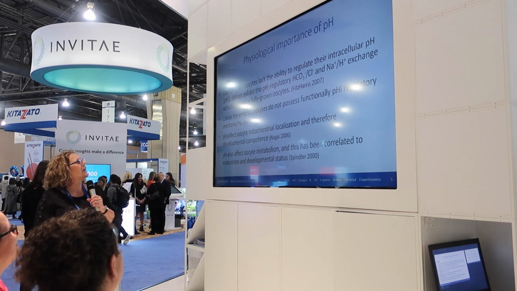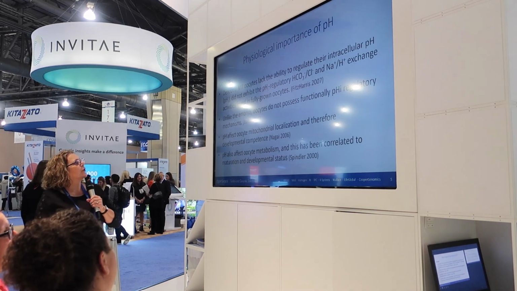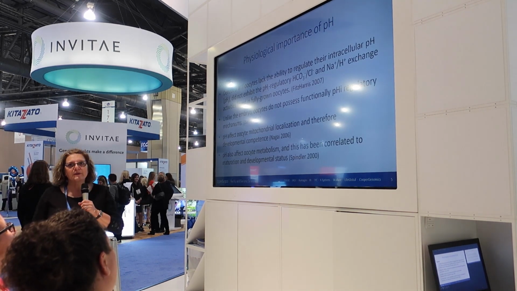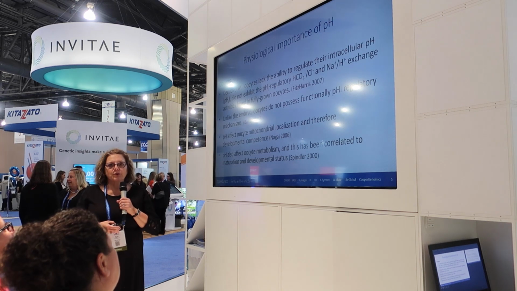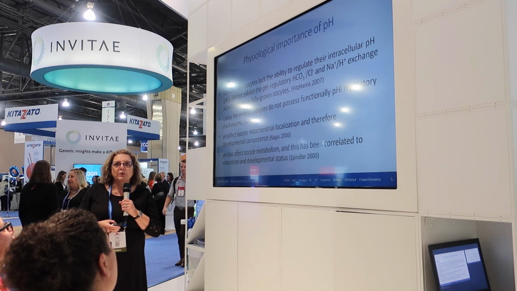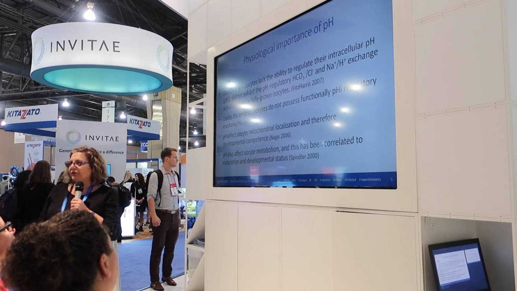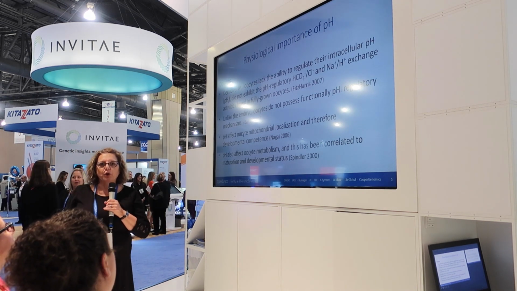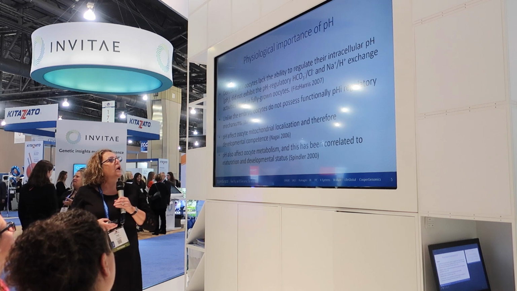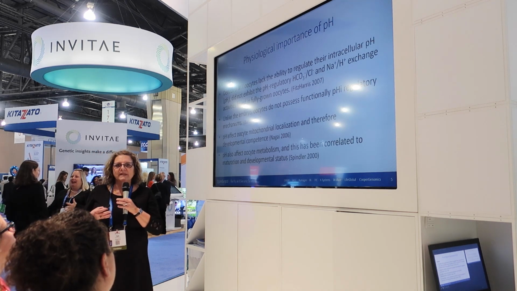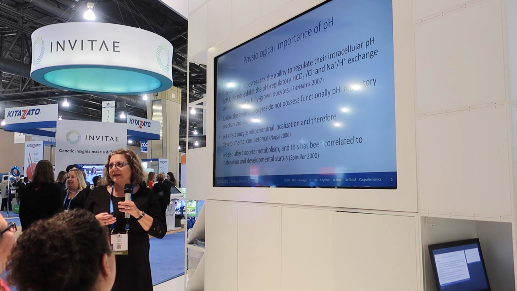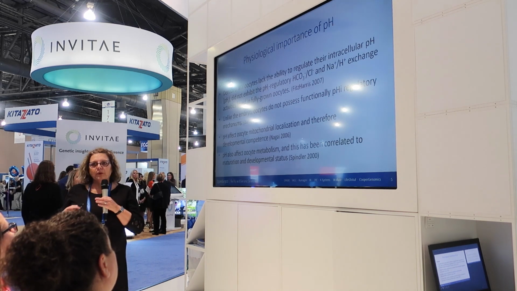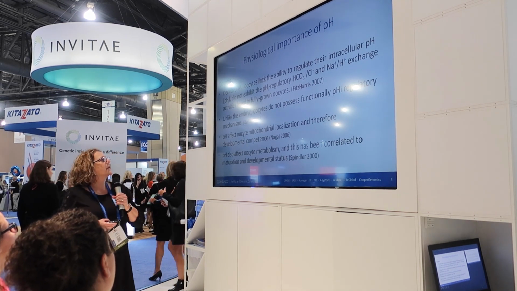physiological importance of pH. In the oocytes, we know that denuded M2 oocytes lack the ability to regulate pH. So it's very important, especially right after denuding the oocytes and putting them back into the culture media just before ICSI, that you know the outside pH is balanced and in respect with your oocytes.